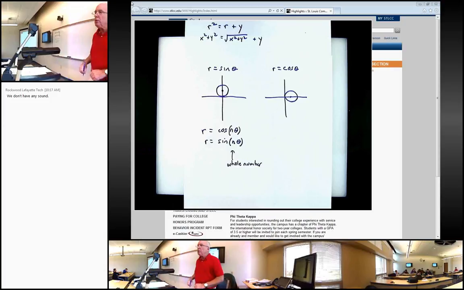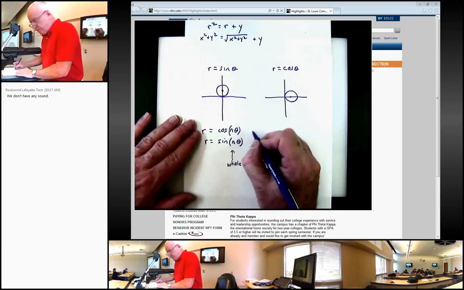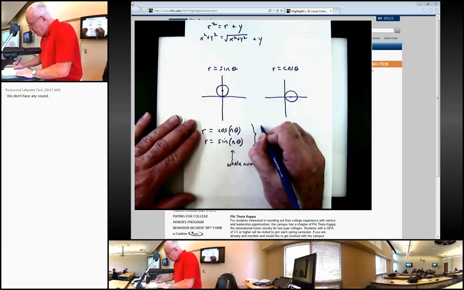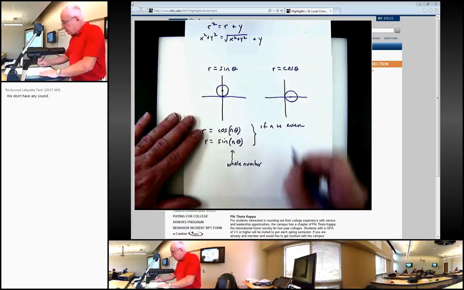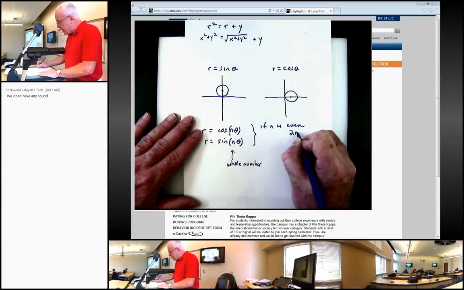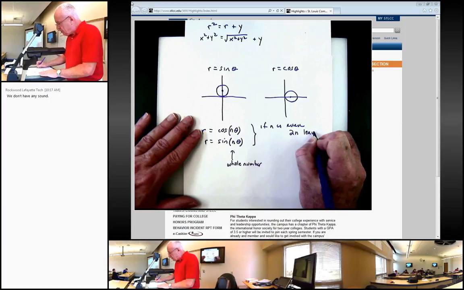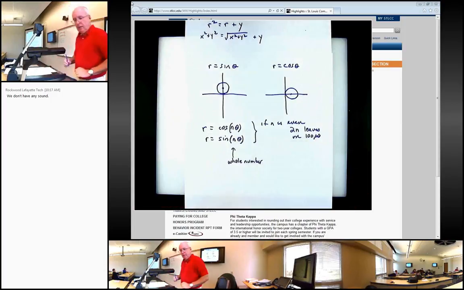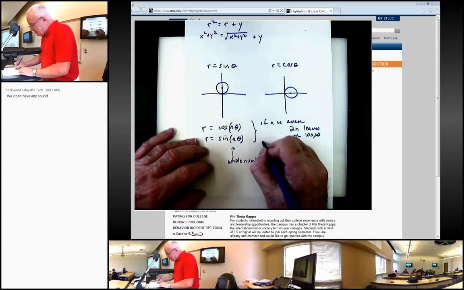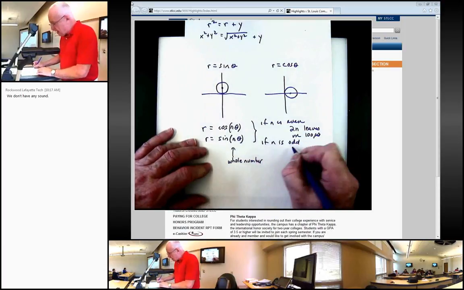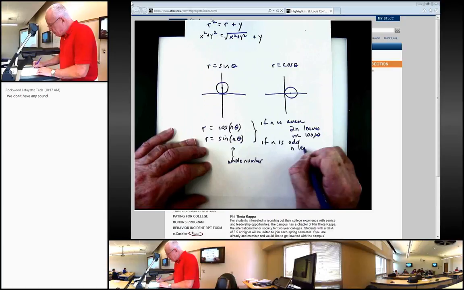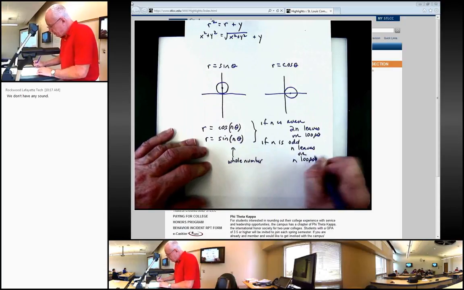Okay, basically what they're going to look like is this. If n is even, these are going to have 2 times n leaves or loops. If n is odd, it's going to have n leaves or n loops, like that.